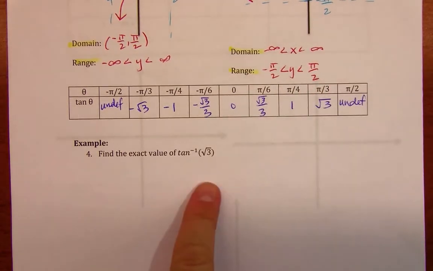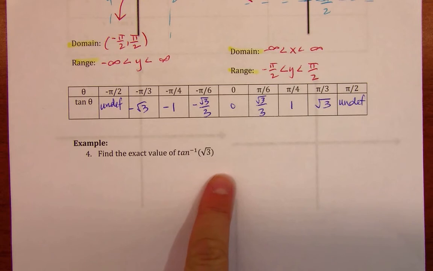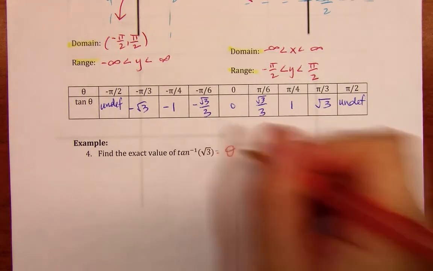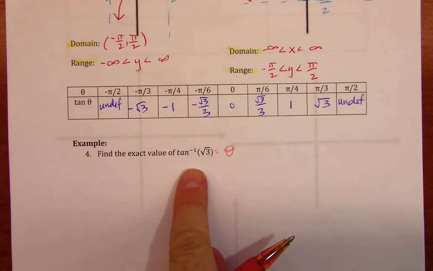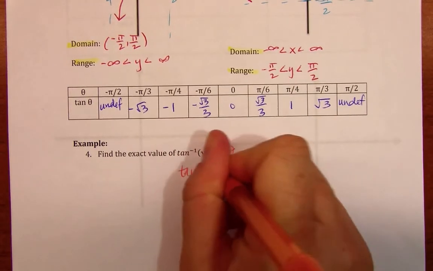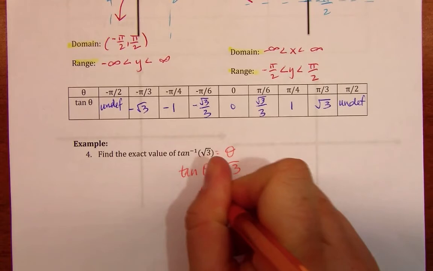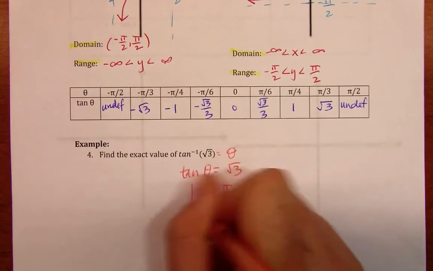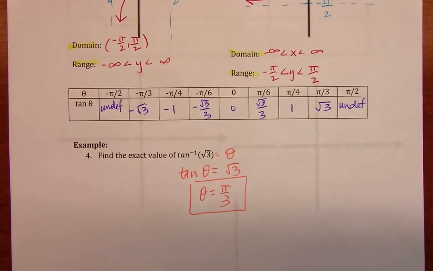So now evaluating inverse tangent of root 3, we're asking ourselves, at what angle does tangent equal root 3? Well, tangent of theta equals root 3 when theta equals pi over 3. Okay, and that's on the restricted domain. So that's an example of how we would evaluate.